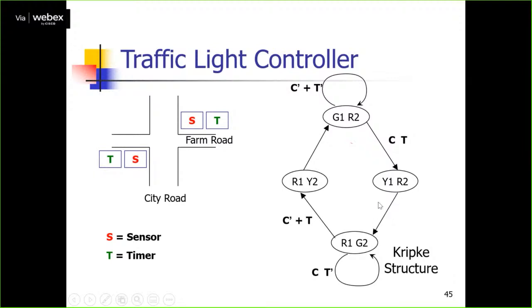After some specific time period, the Y1, the road path for 1, will go to red and path for 2 will be turned to green. It will stay there until the specified time period appears.